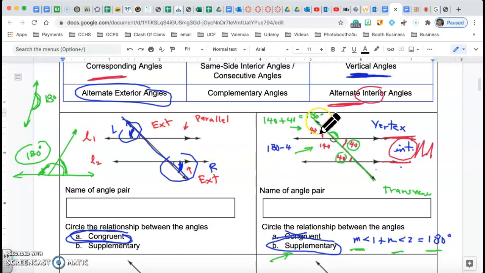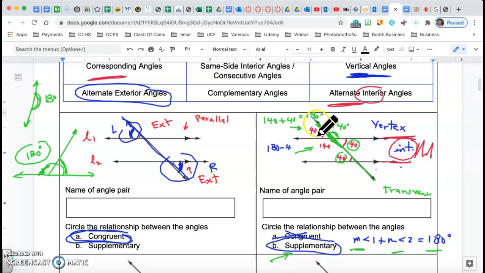So look at this. Let me go back to my drawing. Straight line, that means this is 180. If one is 40, the remaining will be 140. Supplementary angles. So any two that are next to each other are supplementary. They're also called a linear pair. That's a special name for that.